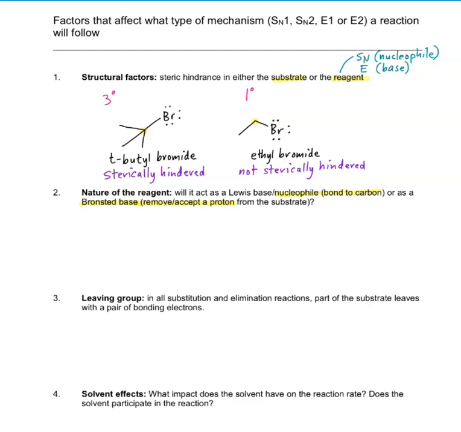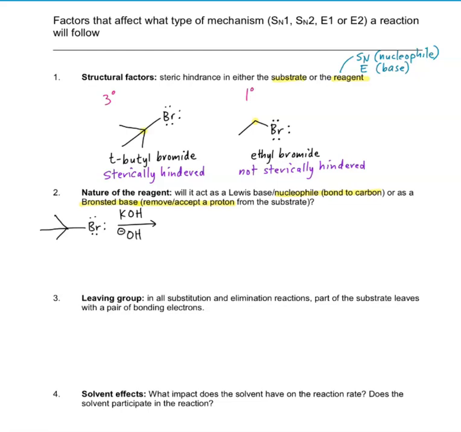So let me give you a pair of examples that illustrate what I mean by this. So let's use tert-butyl bromide from up above. And remember, that was an example of something we considered sterically hindered. And then we're going to combine that somehow with KOH. Now, again, the business end of KOH is the hydroxide ion.